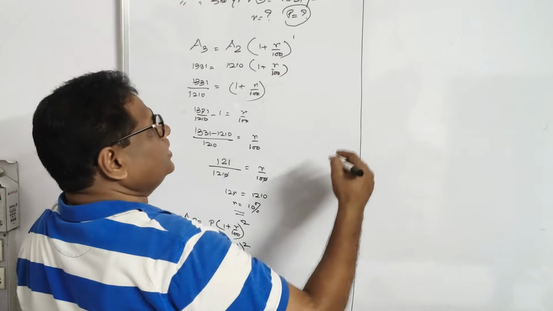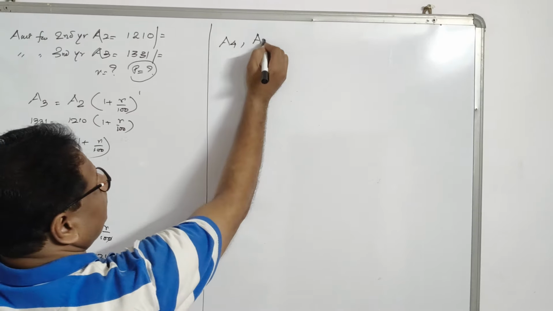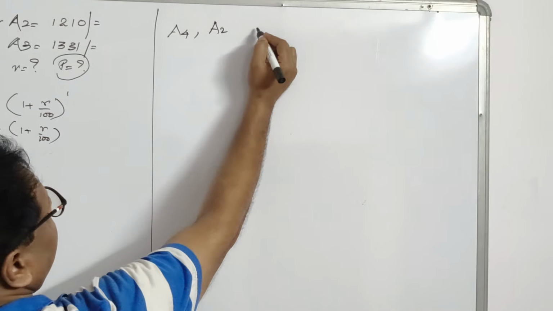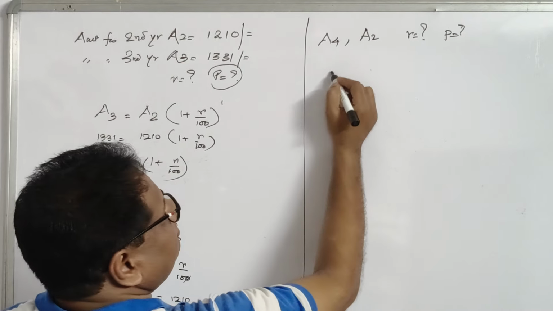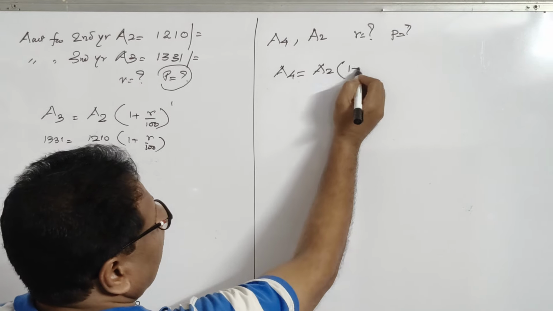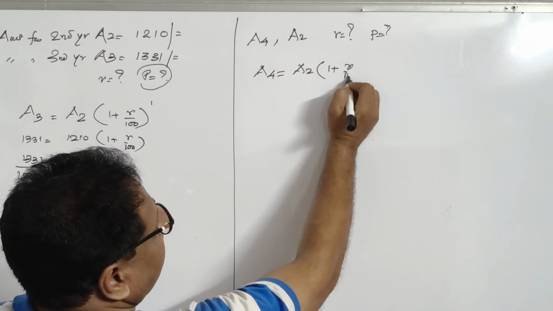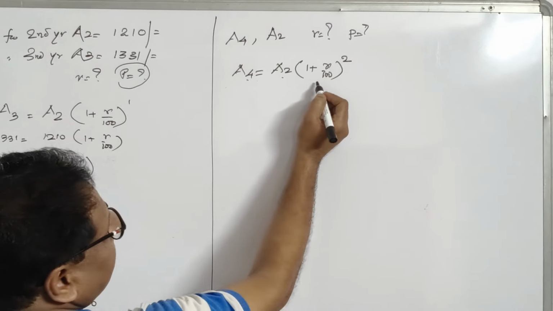Now suppose we are given A4 and A2. The same method, you can find the rate of interest first and then the principal. This time you are going to apply the formula A4 equals A2(1 + R/100)^2. The time difference is 2. So you can manage this equation.